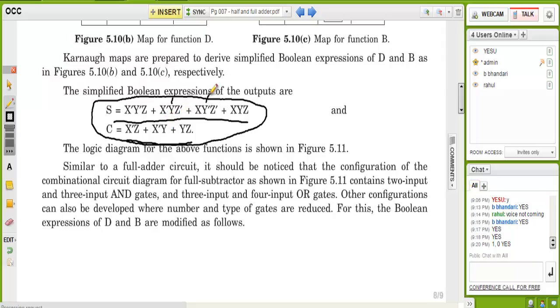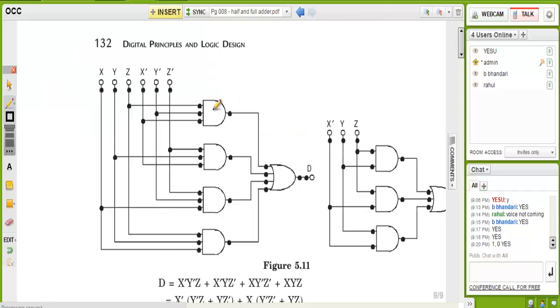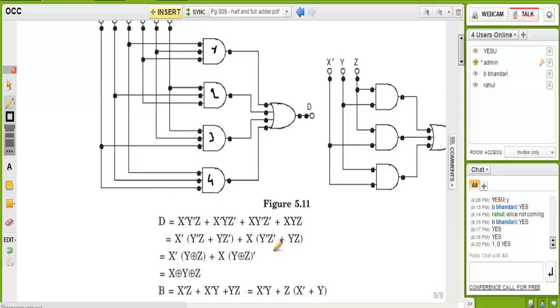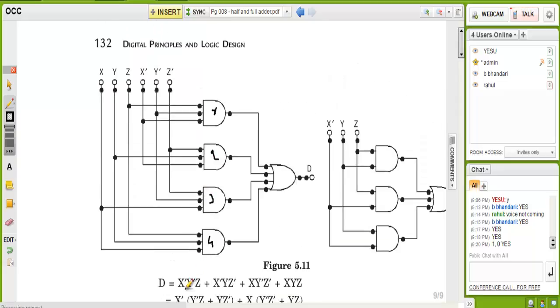We need another AND gate which needs x, y bar, z bar, and another AND gate we need x, y, z. See, in this circuit we introduce 4 AND gates and give inputs in the same form we get from the equation. See the inputs, first AND gate x bar, y bar, z.